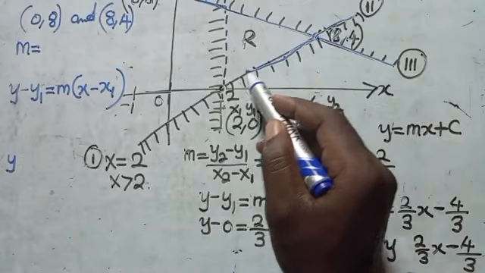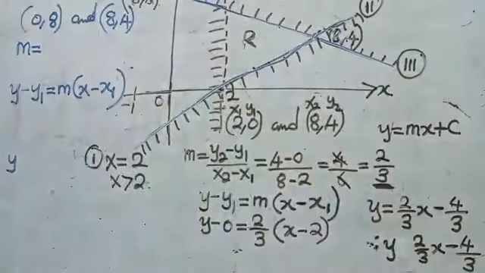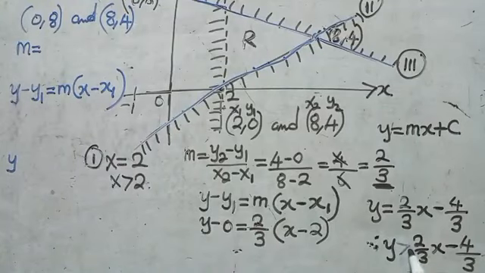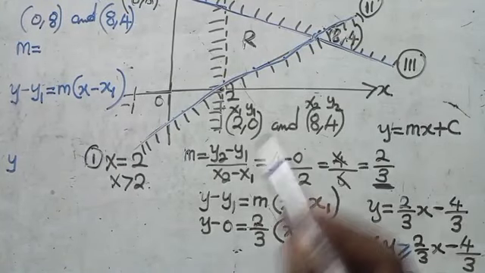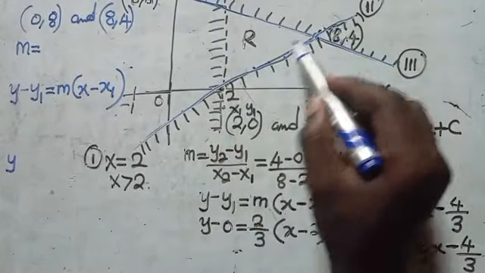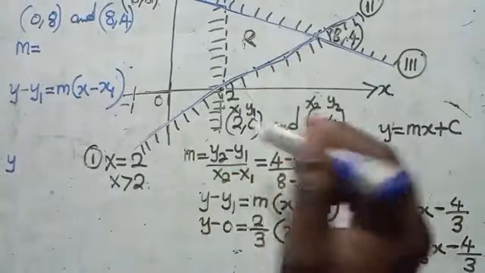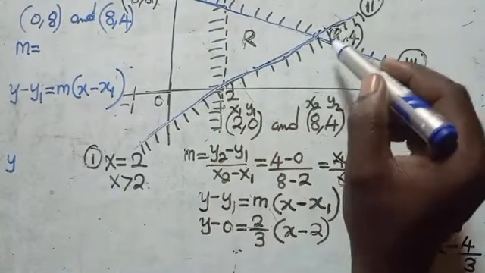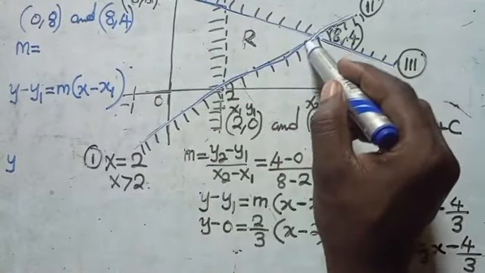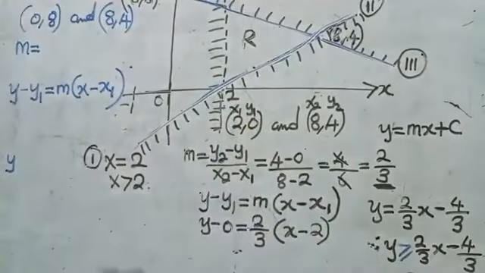So they had to shade the lesser part, so I need to get the greater. So I say y greater than or equal to, because this is the line that I was getting. For this line, they have shaded the lesser part. It is this one, 2,0 and 8,4. So I need to get the greater part.